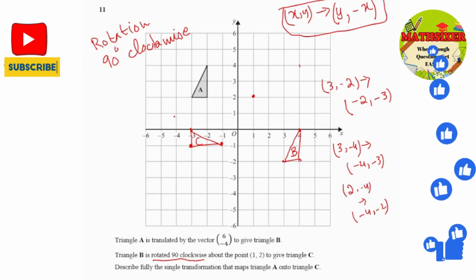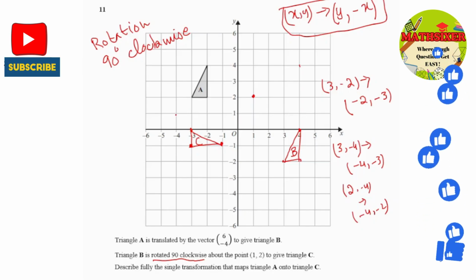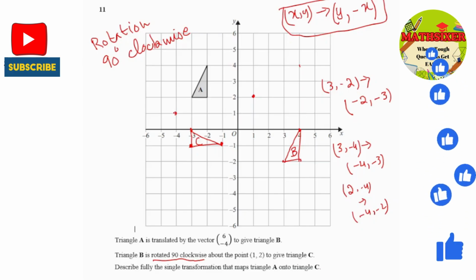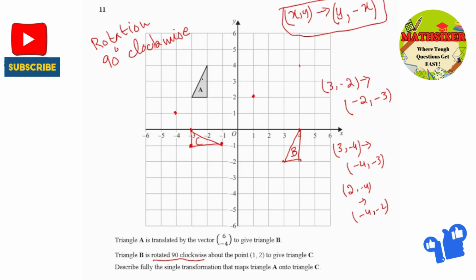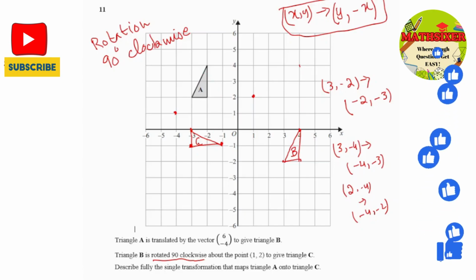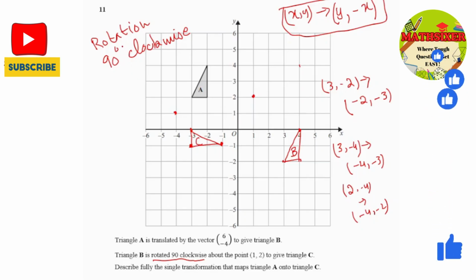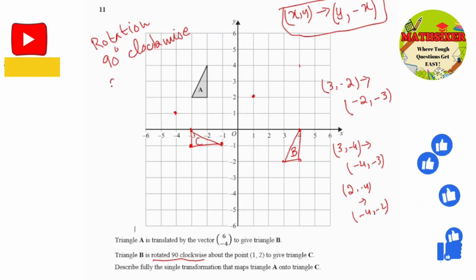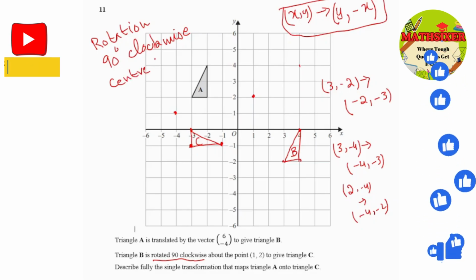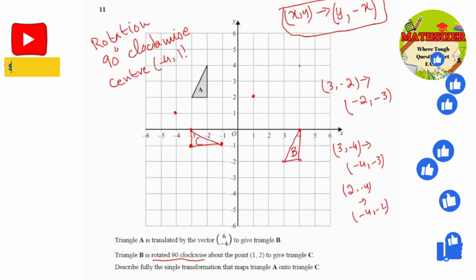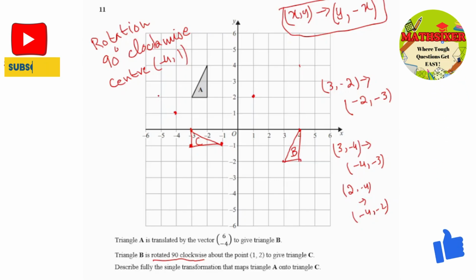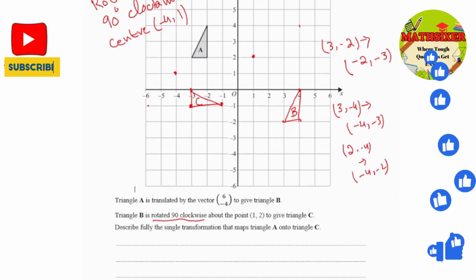So if you use this point, which is minus 4 and 1, around this one, if you put your pencil there and put a tracing paper on this one, that will be rotated 90-degree clockwise to this point. So the transformation from A to C is rotation 90-degree clockwise, and you're going to write down center is minus 4 and 1. Okay, so this is a really simple 3 mark question.